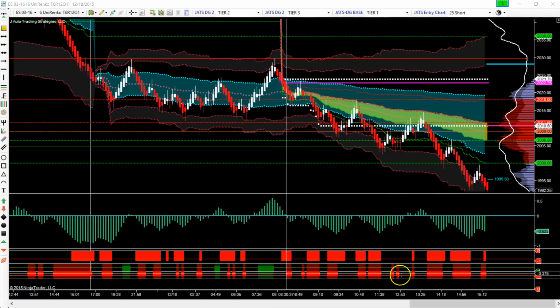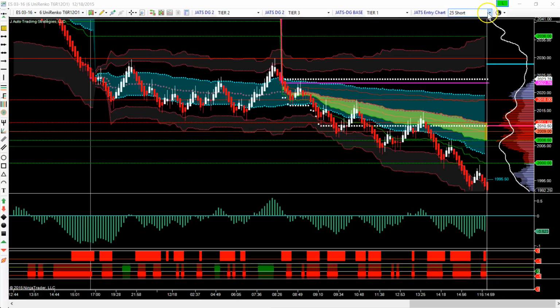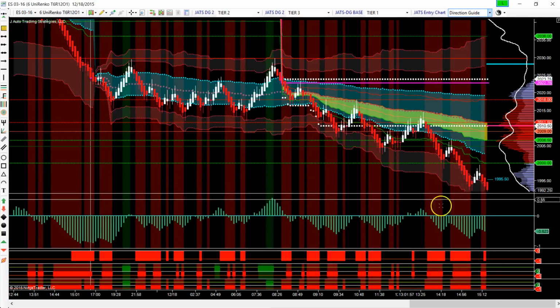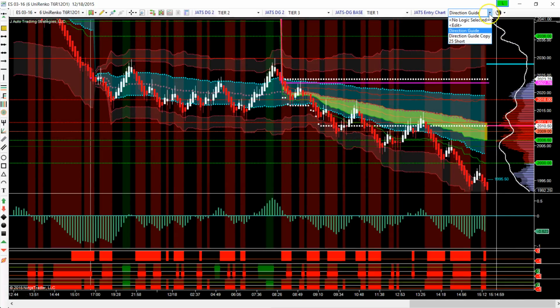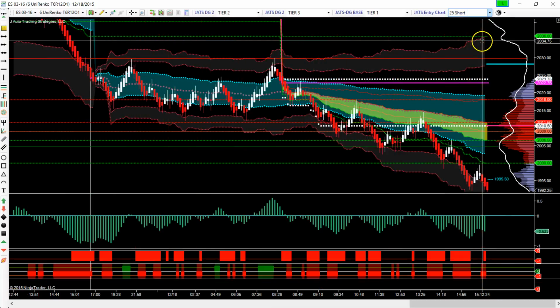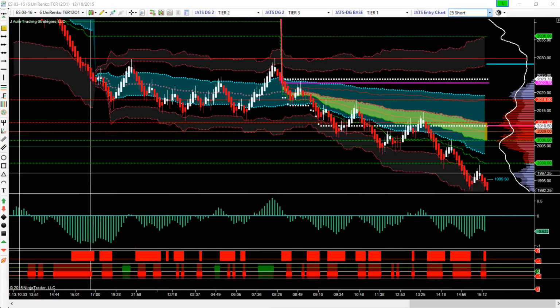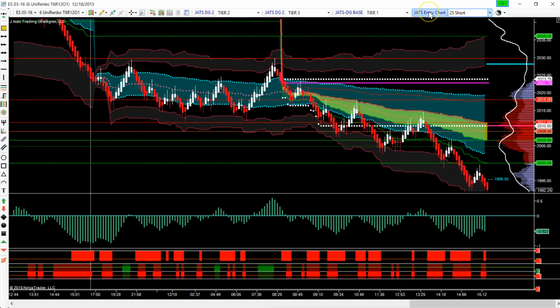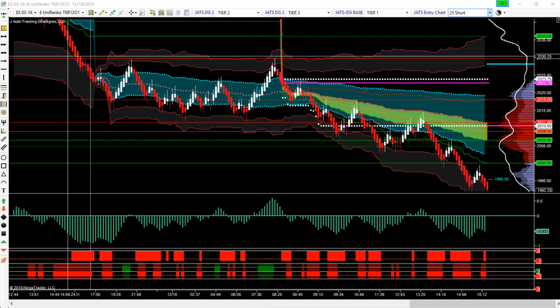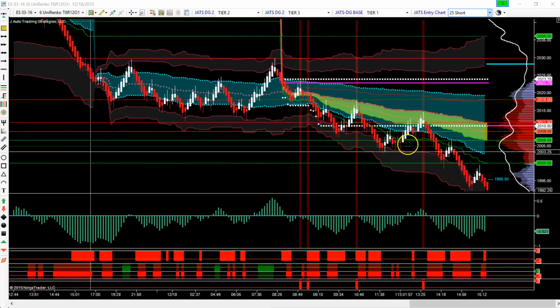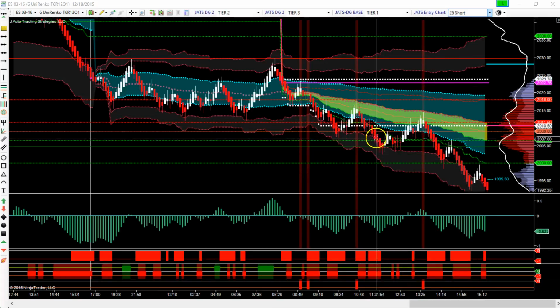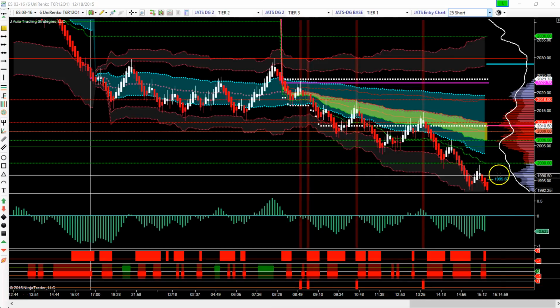Anytime you are in your direction guide short and you see a bounce off of the river of gold in the direction of your direction guide, you need to take that trade, because that's most likely a high probability trade for that day.